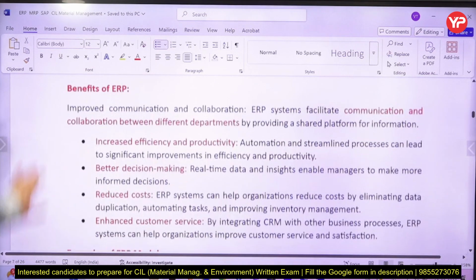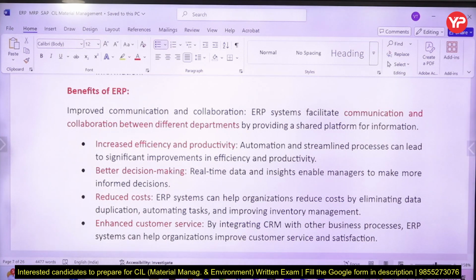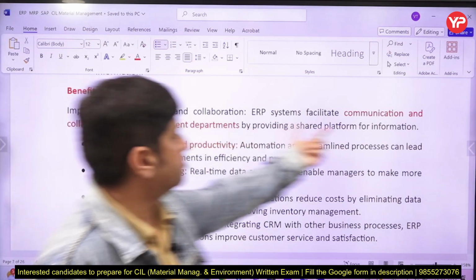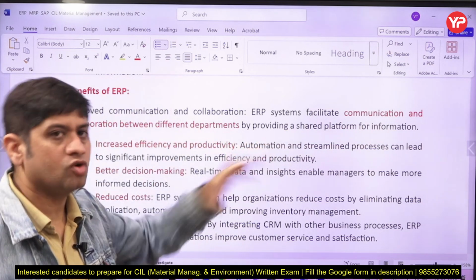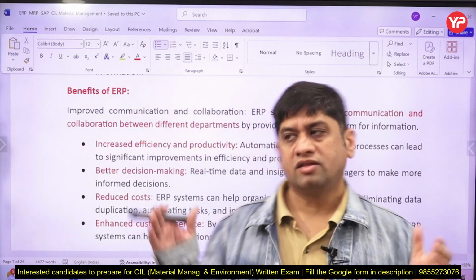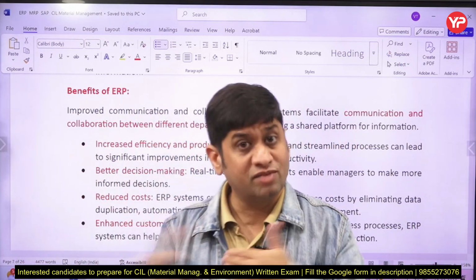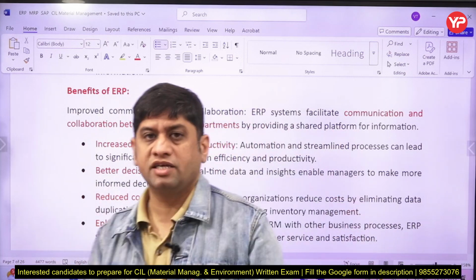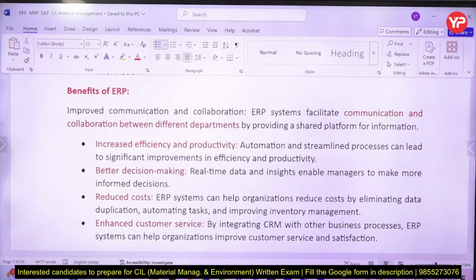What are the benefits of ERP? Obviously, the most important is it improves the communication and collaboration among different departments, on the basis of the information shared. When there are so many departments in an organization, and if communication between them is good and effective and information sharing is effective, then eventually it is going to make the entire process more efficient.